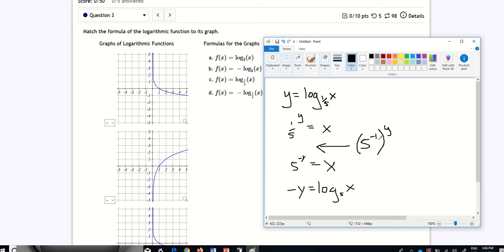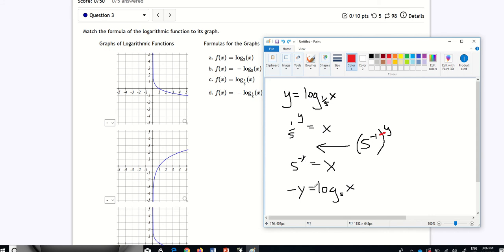There's a rule with exponents that when you take a power raised to another power, you multiply these two together. So you'll get -1 times y, which gives the negative y right here. So really 1/5 to the y power is the same thing as 5 to the negative y.